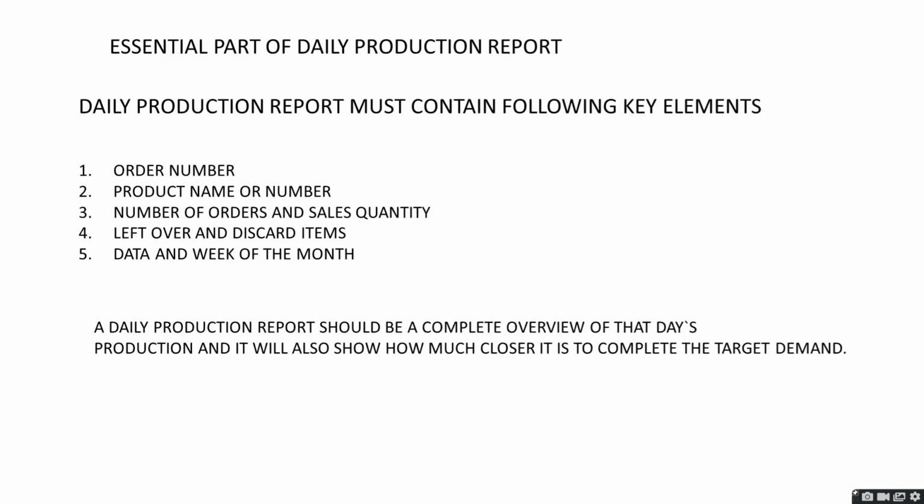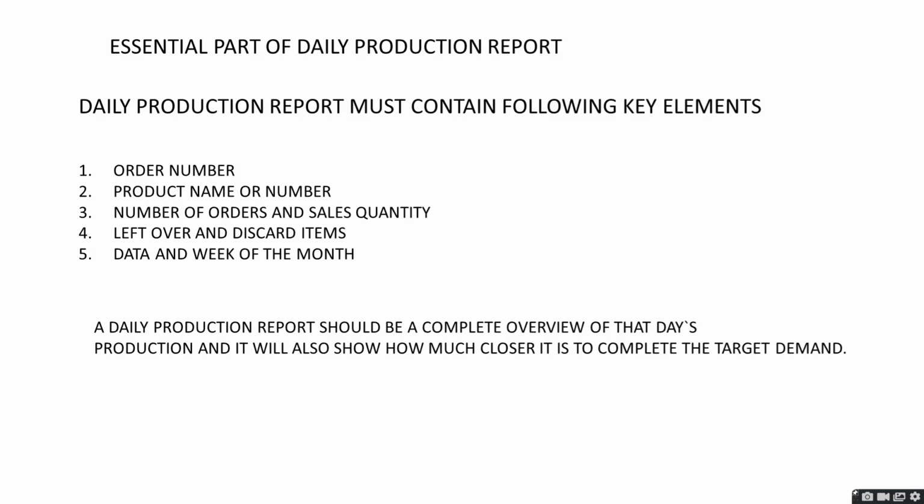So the essential part of a daily production report contains the following key elements, right? This is my way of doing it. You are allowed to do it the way you think. You will be able to get those numbers clearly.